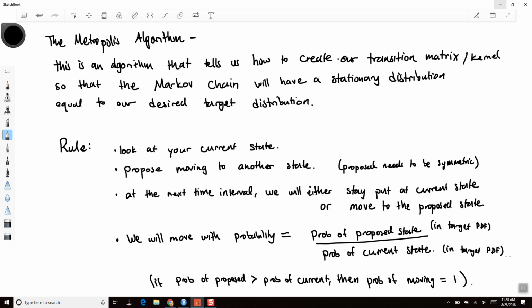And if you use your target PDF to figure out these transition probabilities, then the resulting Markov chain will converge to its stationary distribution, and its stationary distribution will be the target PDF.